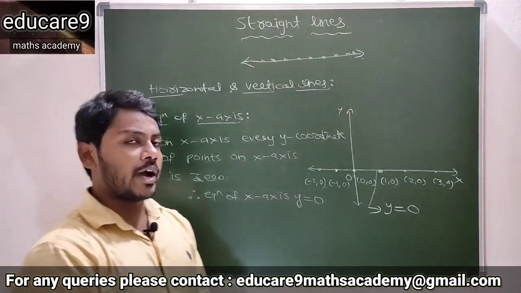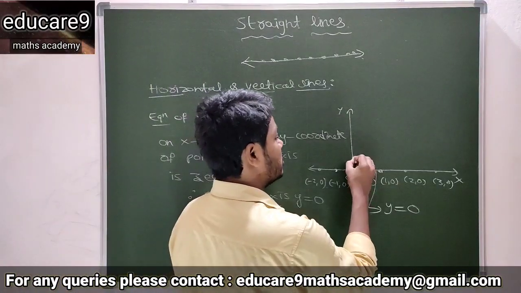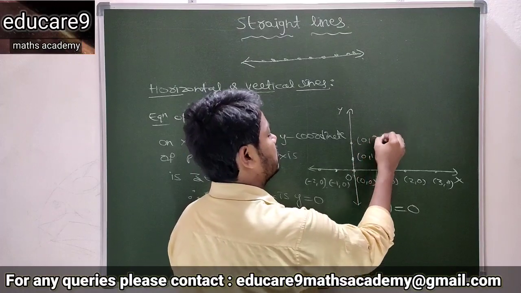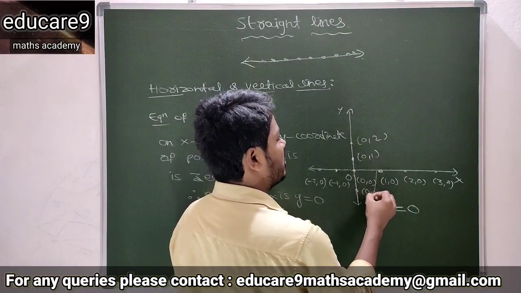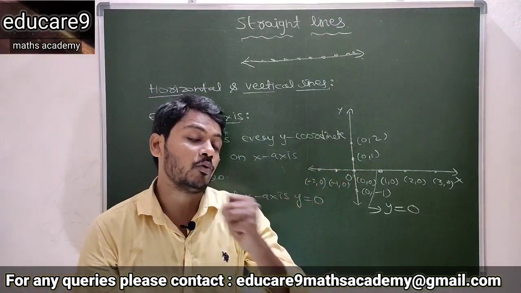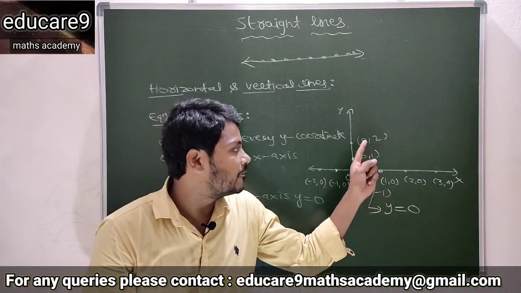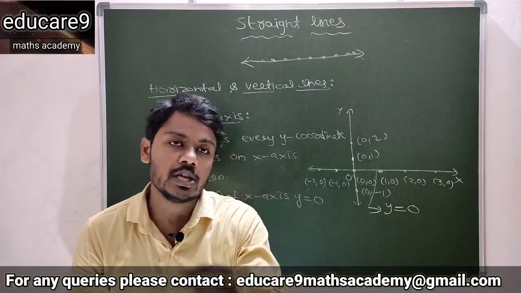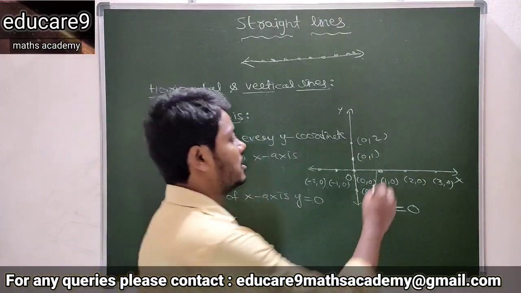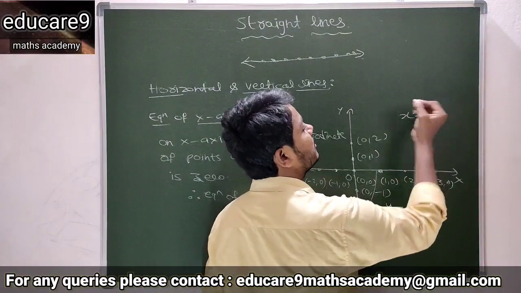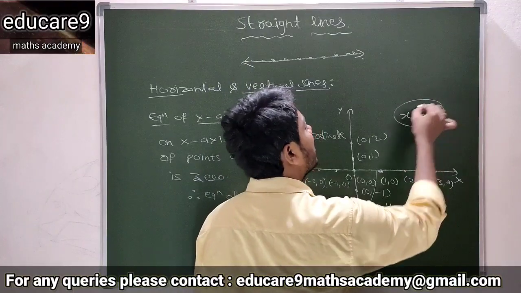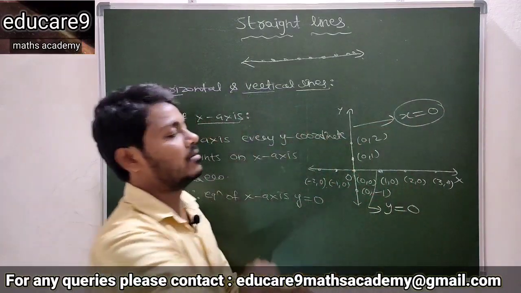Similarly on the y-axis, the points are 0, 1, and 0, 2, and 0, minus 1. Observe the points on the y-axis: every x coordinate is 0. So the x coordinate has a fixed value, that is x equals 0. So this equation is the y-axis equation.